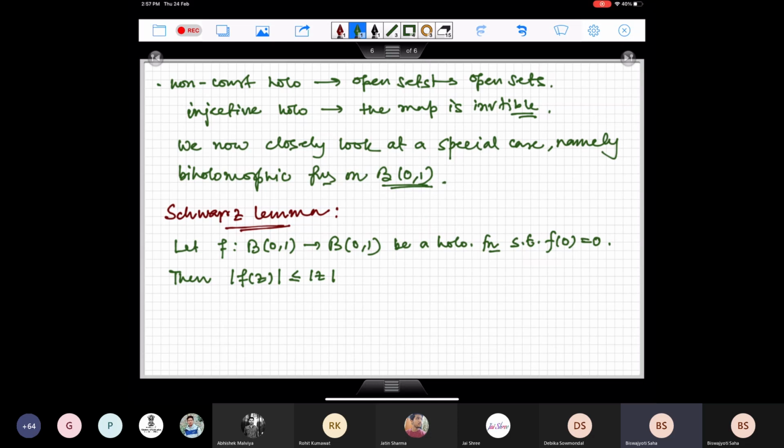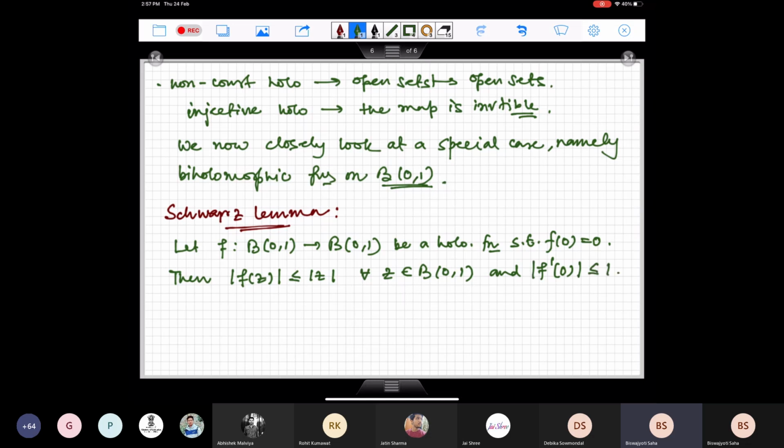So you will have mod of f of z less than or equal to mod z for all z in B01. And the absolute value of f prime at 0 will be less than or equal to 1.